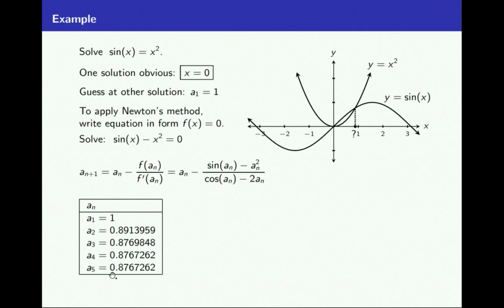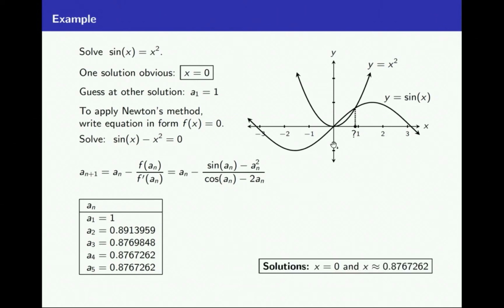And I worked this out on my calculator, and I got this value. And notice that to 7 decimal places, that's exactly the same as a sub 4. Now, there was a change, but it happened after the 7th decimal place. So our point of view here is that 7 decimal places is good enough to get a very good approximation to the solution.